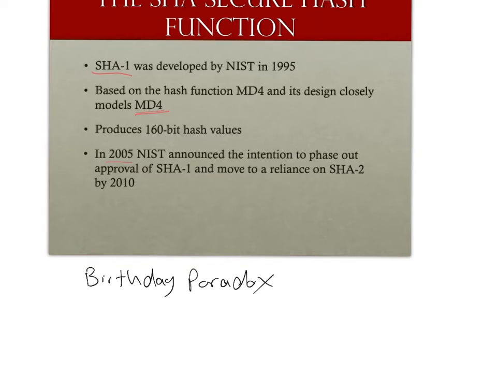It says that for any hash of size n, you can find two messages with the same hash with a complexity of, on average, O of 2 to the power n over 2. n over 2, not n minus 1 as we said in brute force in general. In brute force, on average we do 2 to the power n minus 1.